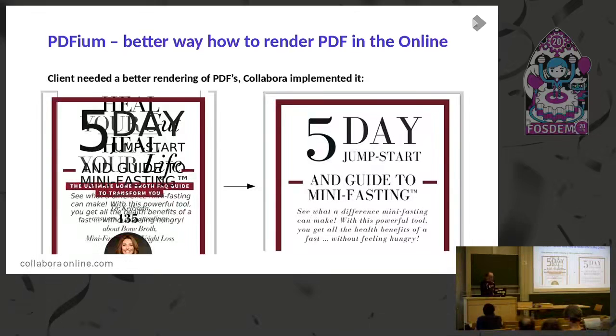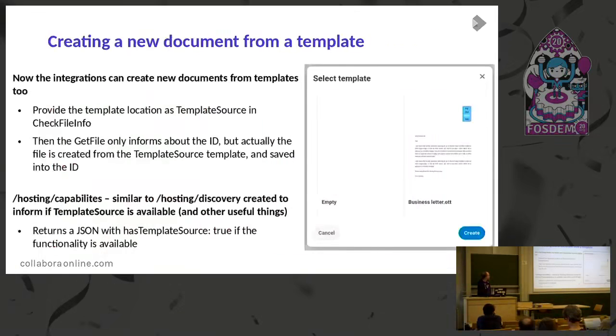Rather, we import it as a bitmap, and it gives higher fidelity. Or I can mention the template source feature that was originally developed for Nextcloud, but is available for all. You can set a template, and when you create a new document, you can select the template, and the new document in the online version will be created with that template.